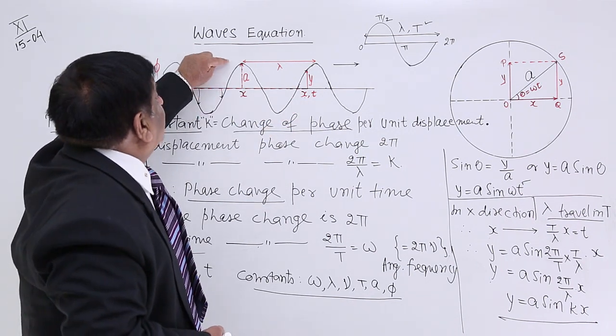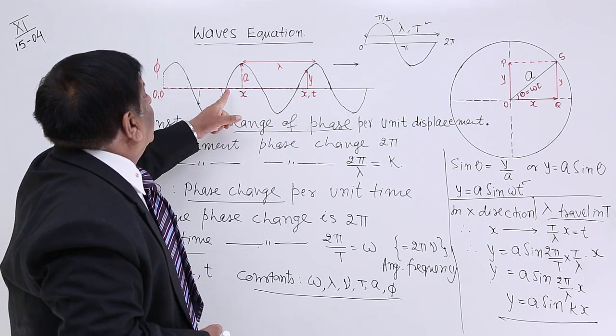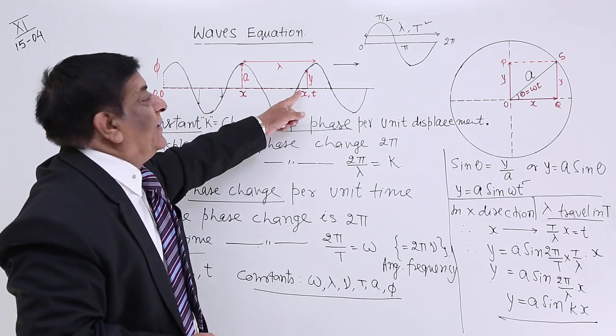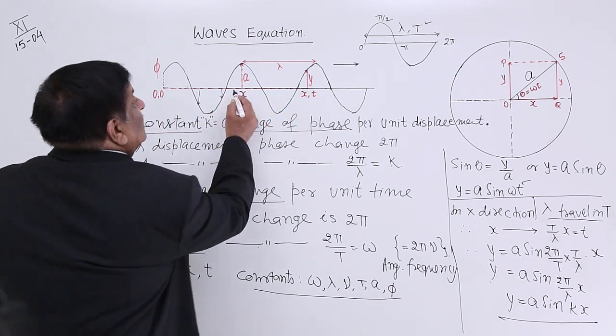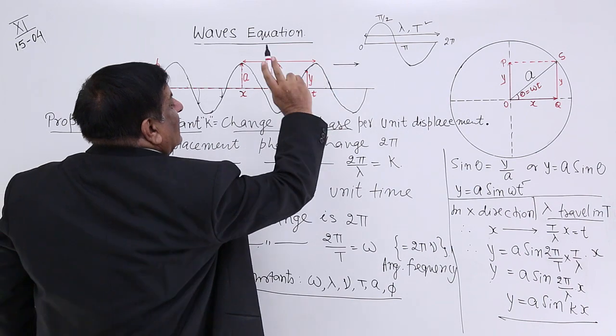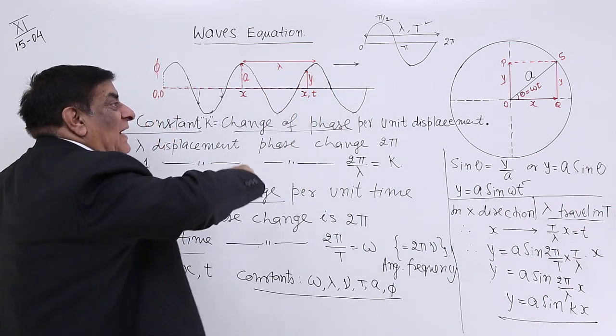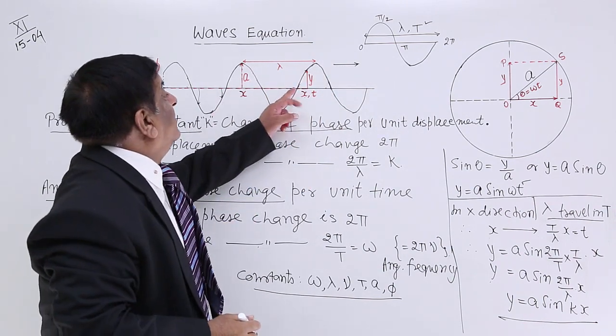So during this oscillation period T, the disturbance has come from this point to this point. That is why the time period T is the time period of oscillation as well as the time period of the wave travel.